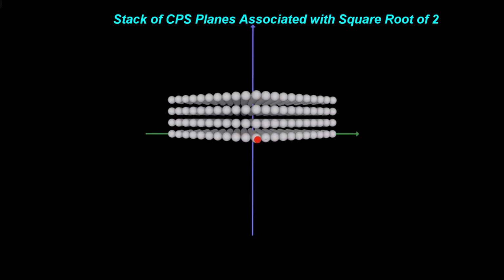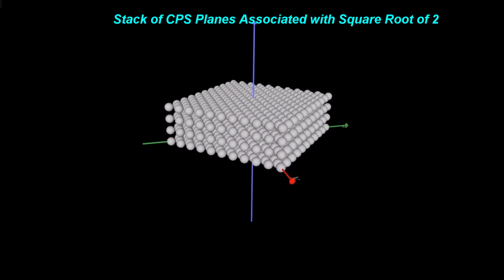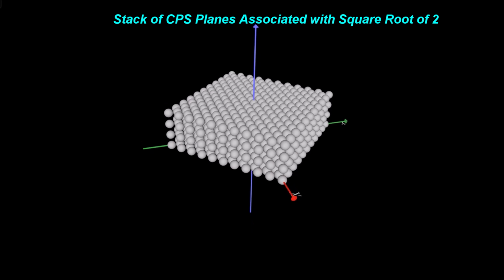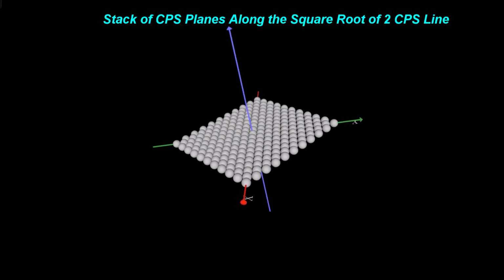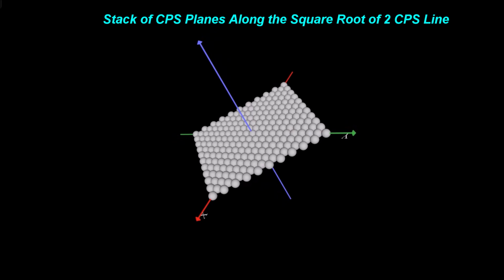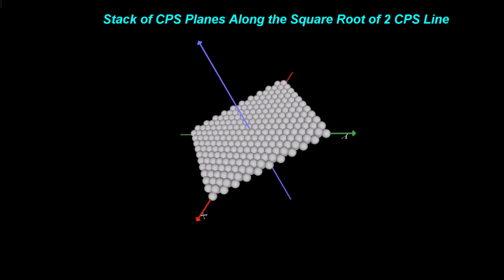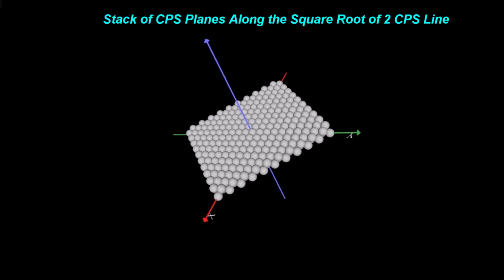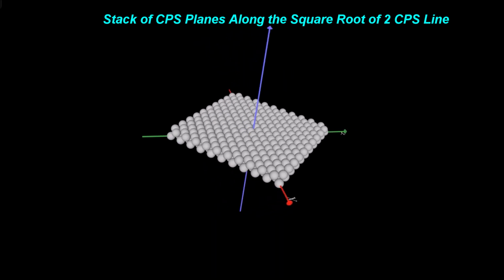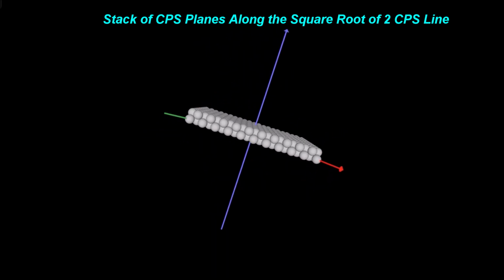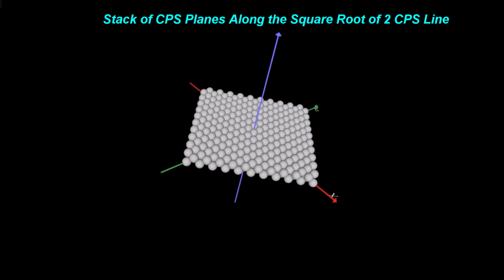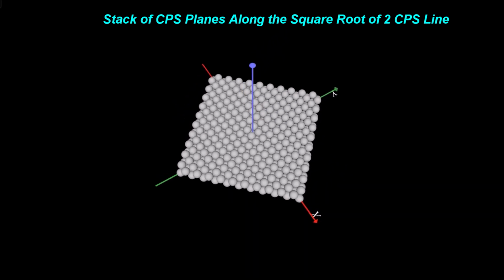The grid generated by all identical CPS parallel lines, which can be drawn in this plane, determines the lattice corresponding to this plane. We already stated that the stack of such planes has a periodicity equal with 2. Once again, the normal to this plane is the CPS line corresponding to square root of 2.